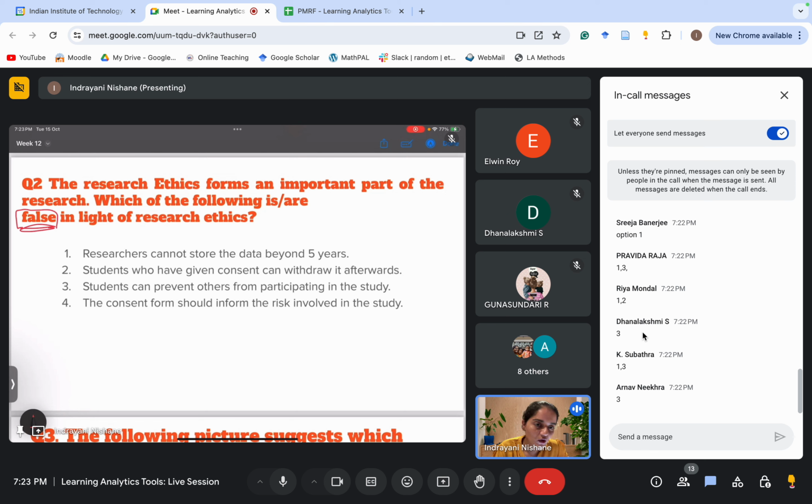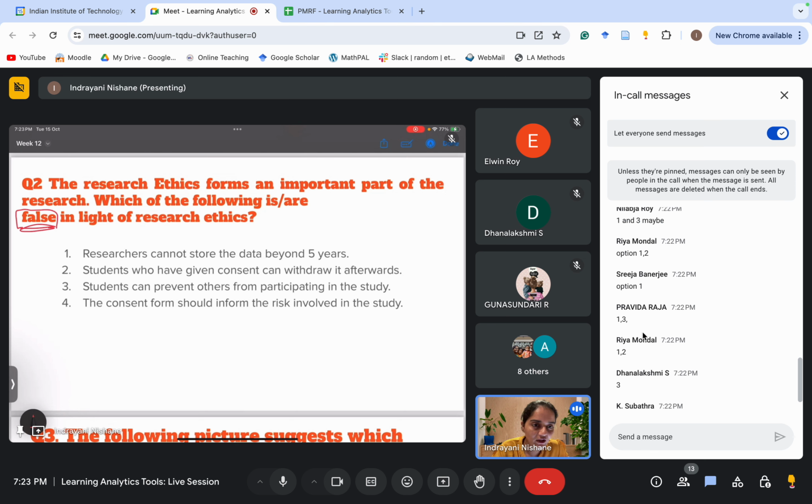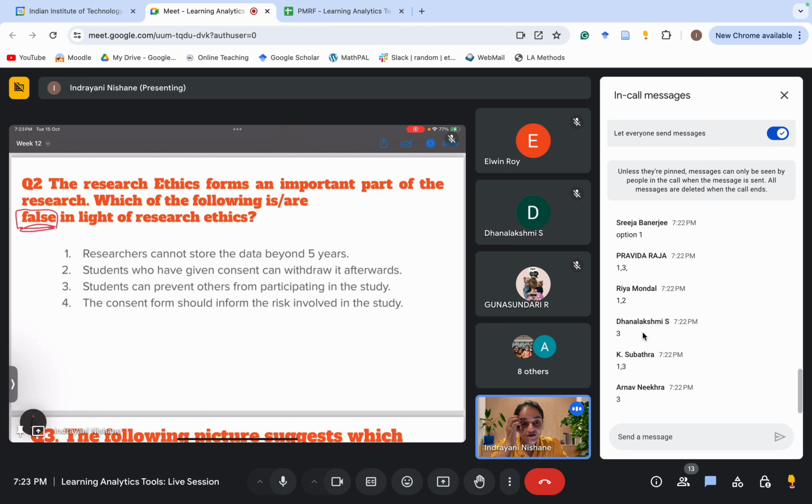Anyone who has option 1 as their answer can either unmute and talk, or type in the chat box. Okay. But we can store data. Okay, but I was asking those who think that 1 is the correct answer.